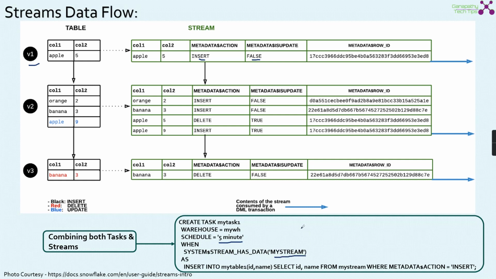So whenever data gets inserted into the stream my stream, only then will this task be initiated, and it will insert the data into my table. See, now it is inserting only the insert records from my stream into the table my table 1. Now we successfully combined both the task and streams together.